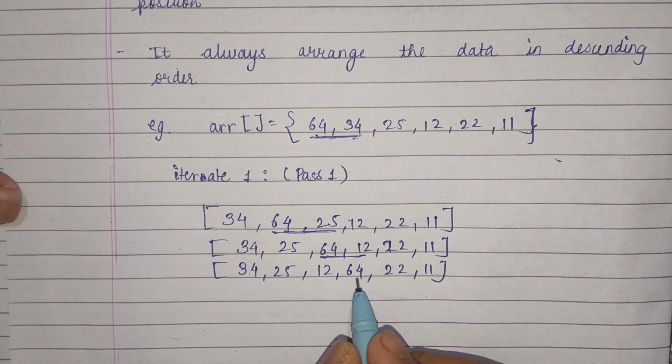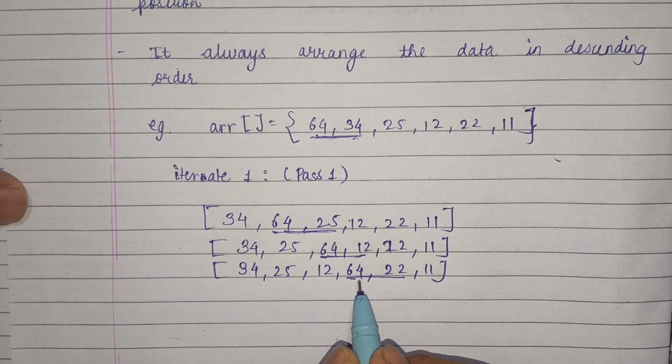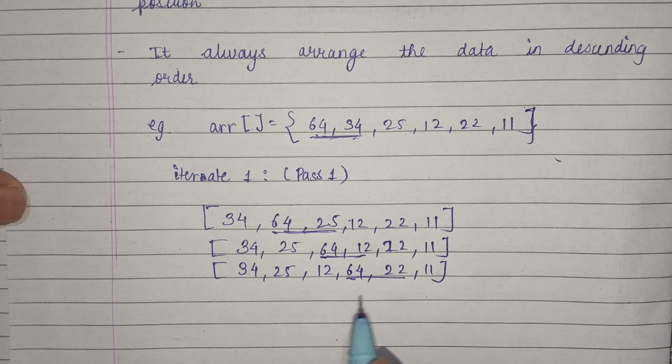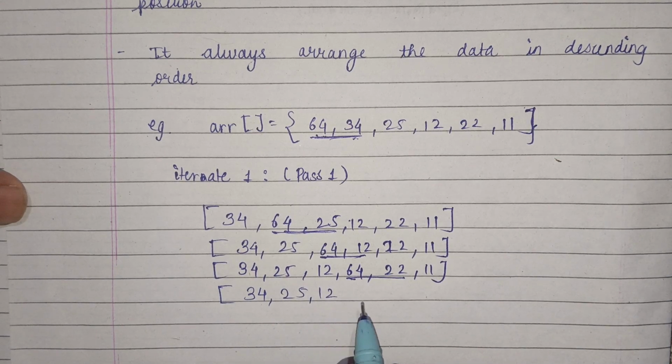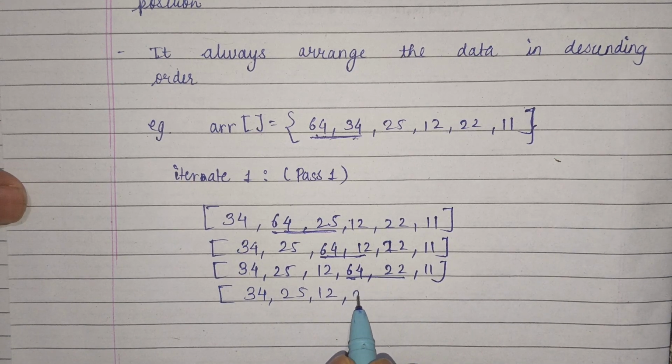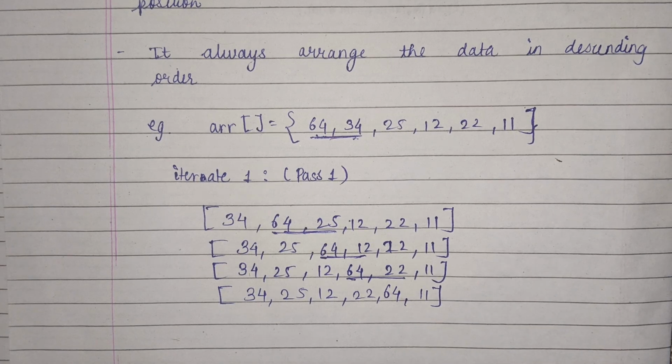Now we'll compare 64 and 22. 64 is greater than 22, so it will swap the positions, and 11 will remain as it is.